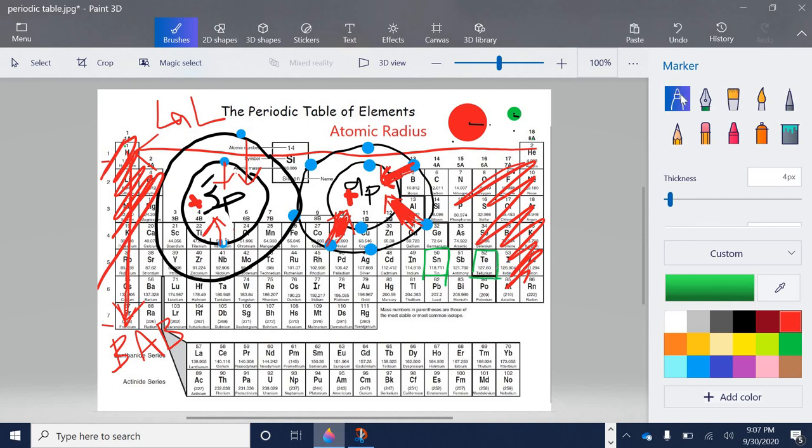The one that's bigger is going to be further to the left because that tin has fewer protons, so it's going to hold its valence electrons less tightly, making that atomic radius bigger. So tin would be the bigger of those two options.